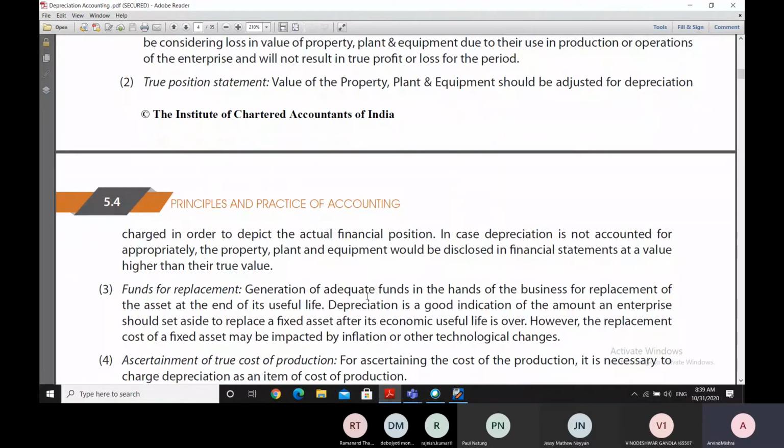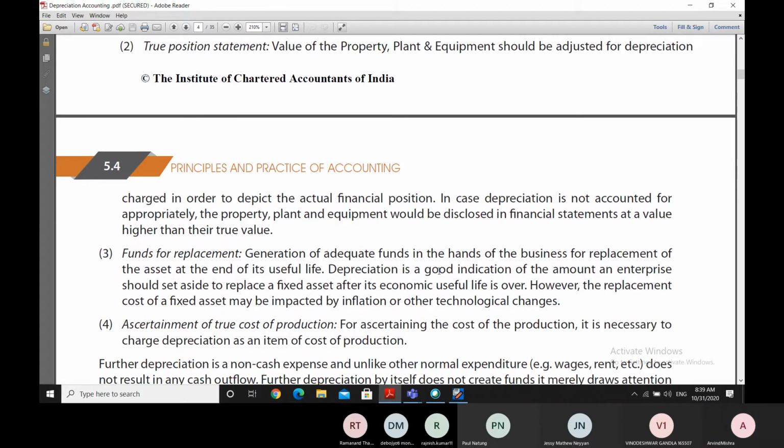So therefore, we need to generate adequate funds and to make provision for those funds every year, so that while the original fixed asset is being used over its useful life, before its useful life comes to an end, we should have enough funds to replace that particular asset, or to replace that asset with a newer, more technologically advanced asset.